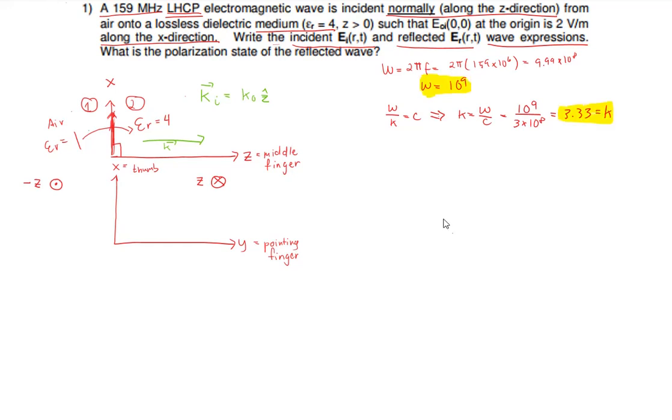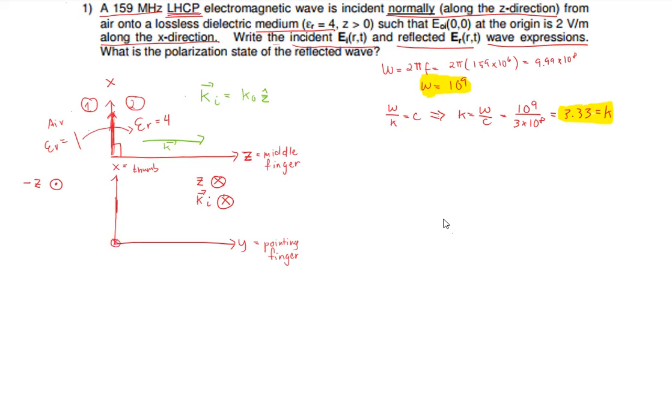Now that we have our k and we know that it's traveling along the positive z axis, we can write down that k sub I is going into the page. And now that we know the direction of k, we can illustrate this LHCP.